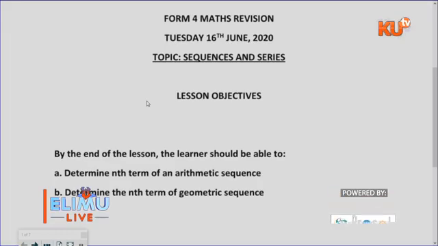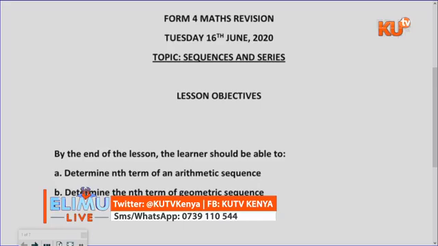One, the nth term of an arithmetic sequence, and number two, the nth term of a geometric sequence. And if time allows us, we shall look at the series part of this topic. Remember, it is one topic, but it is grouped into two parts, that is sequences and series.